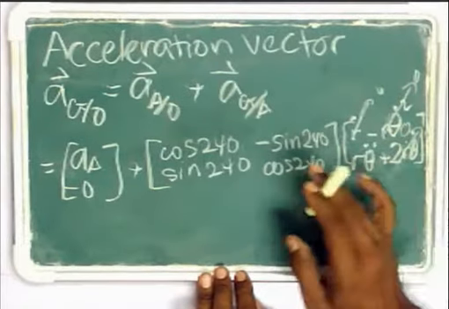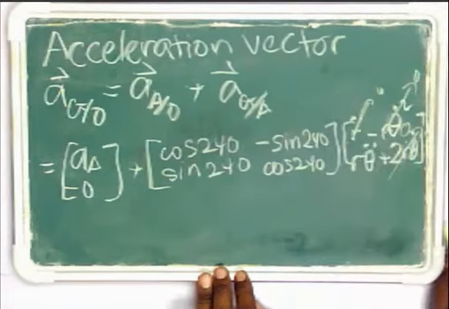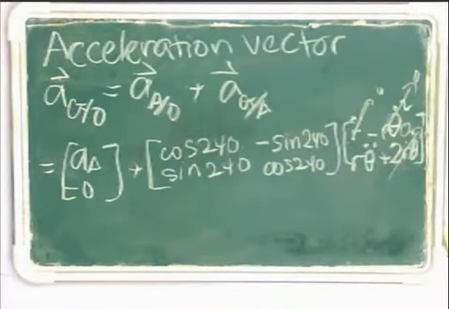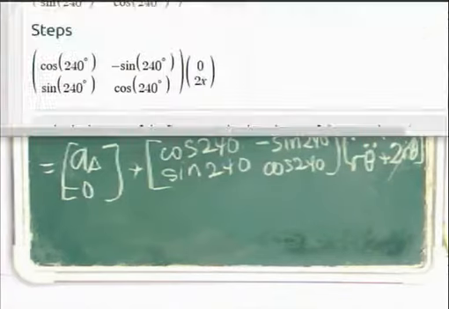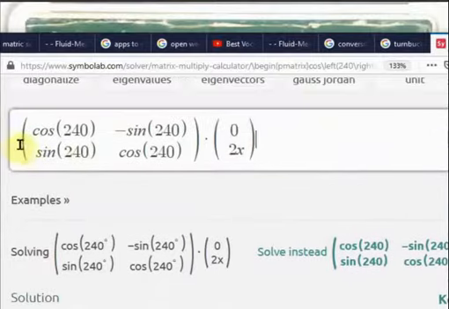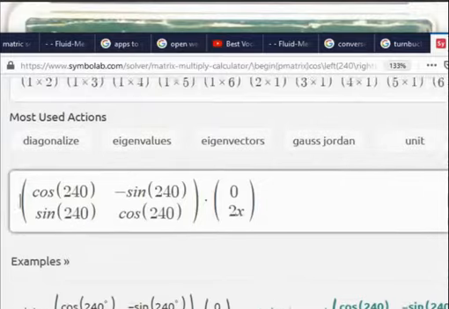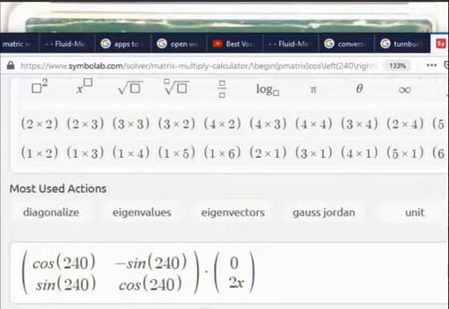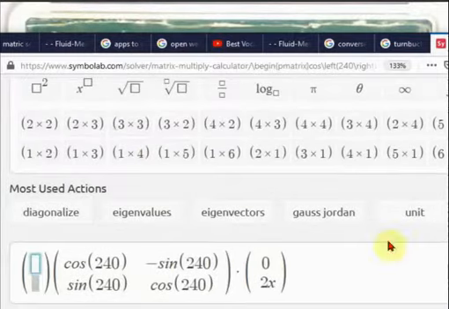We're going to reduce this equation further using the Symbol Lab of tools, the matrix calculator. This is a matrix calculator that I've shown you before. We have the unit there, and then we have the matrix 2 1.